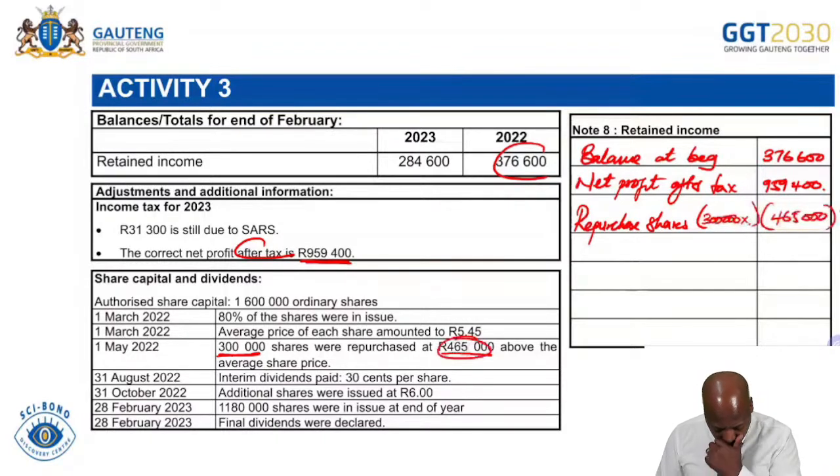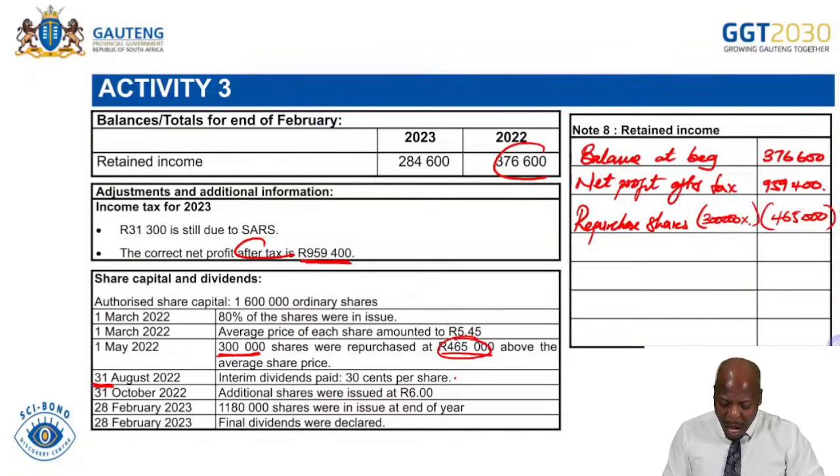Let's move on. Then we are told that an interim dividend of 30 cents per share was paid. Remember, this is now on the 31st of August. So you now need to know, how many shares were you having on the 31st of August? Remember, at the beginning, you had how many shares, which is the 80% of that.